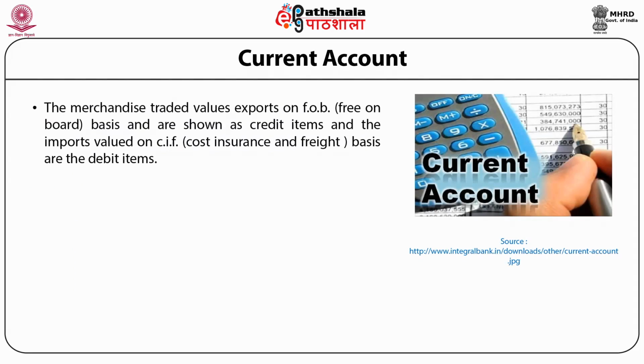The merchandise traded values exports on FOB, which means free on board basis, and are shown as credit items, and the imports valued on CIF basis, that is cost, insurance and freight, and are the debit items.